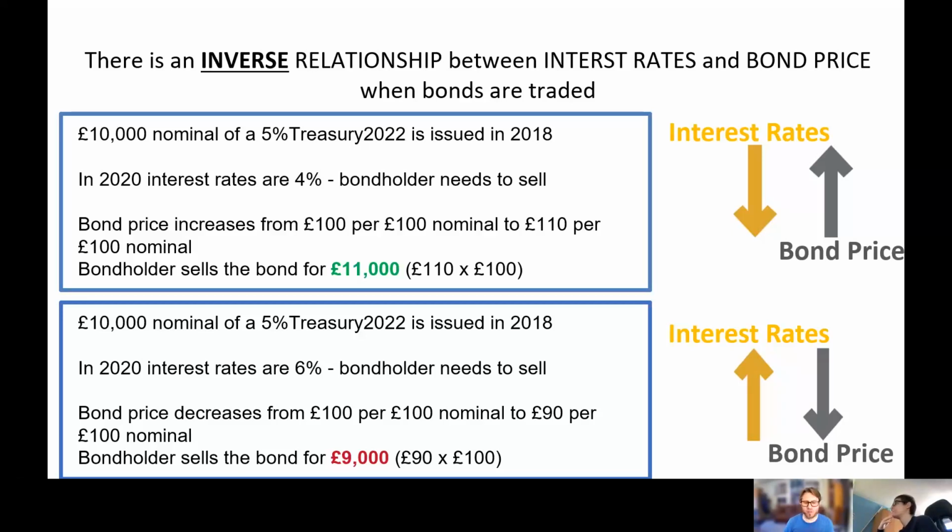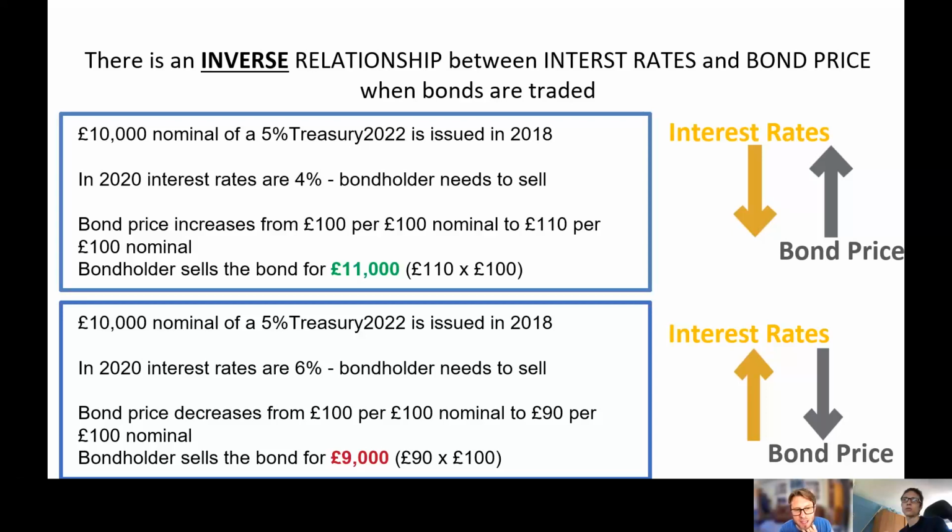If interest rates are 4%, but my bond pays a 5% coupon, it's likely that if I want to sell my bond, you're going to have a greater number of people that want to purchase that bond because it's offering a better return than possibly other financial instruments or even other new bonds that are now being issued, because interest rates have fallen and coupons will probably more likely reflect that lower rate of interest.